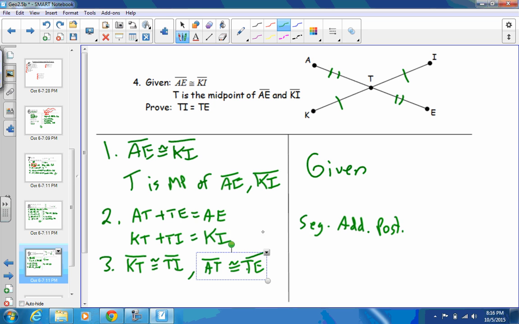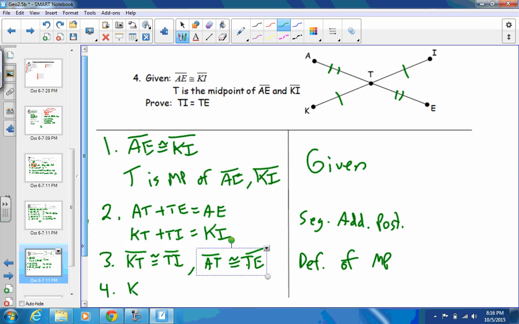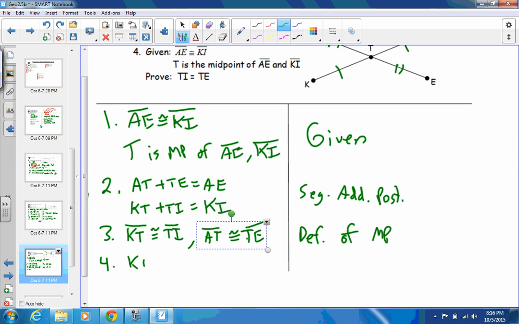Those are congruent because of the definition of midpoint. It's cutting that in half. Now we can say that the lengths themselves, KT is equal to TI, and AT is equal to TE, just because of the definition of congruence.